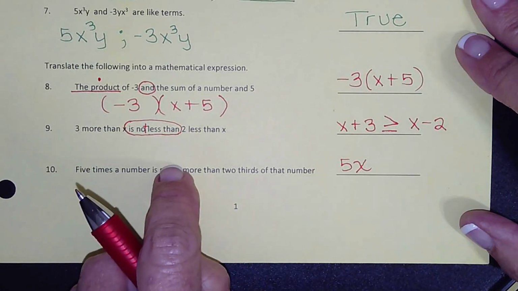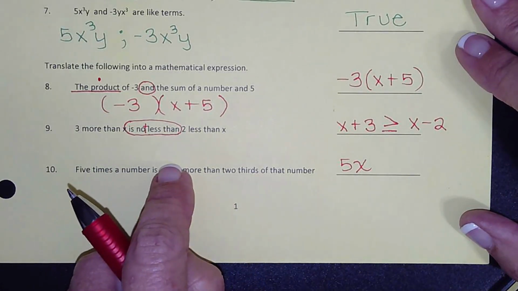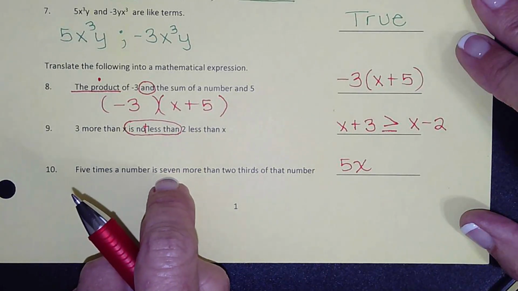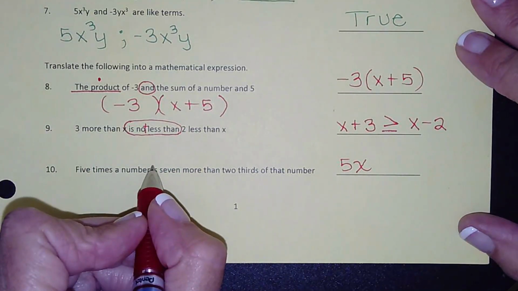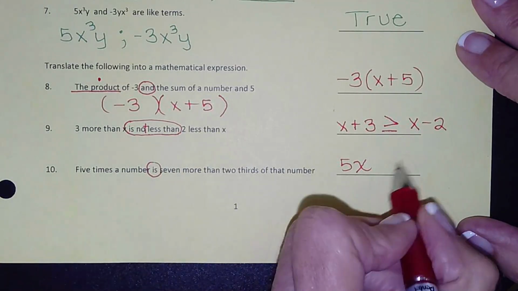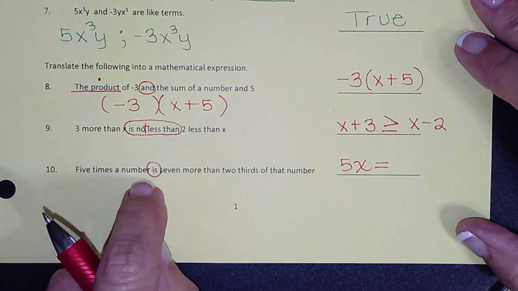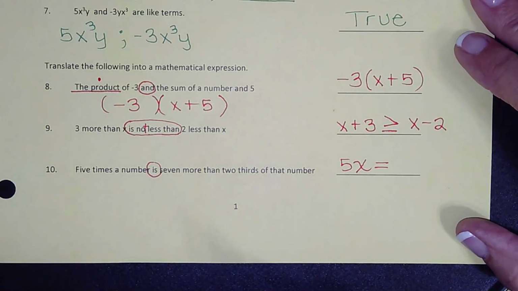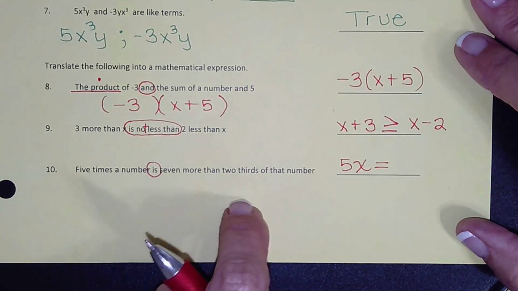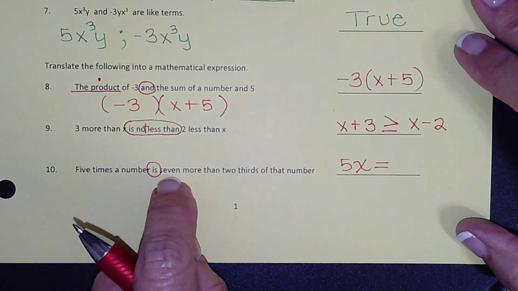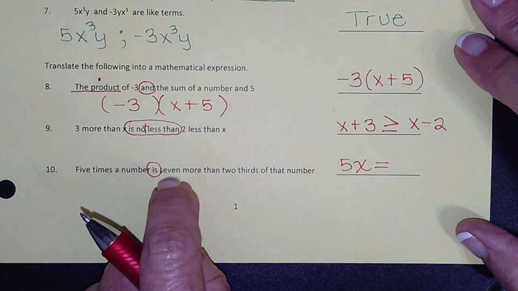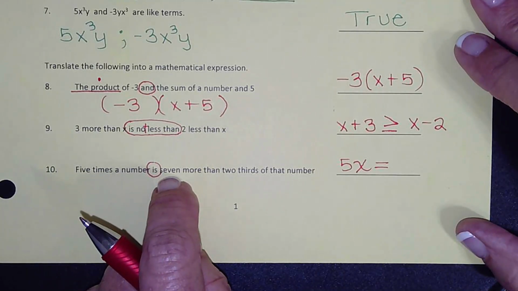If it said is more than without the 7 there, it would be a greater than symbol, but it says is 7. So in this case, the is just means an equal sign. The only time it's an inequality is if it says is more than with no words in between. Is less than, no words in between that. But that 7 is there. Therefore, you can't use an inequality symbol. This is just an equal.